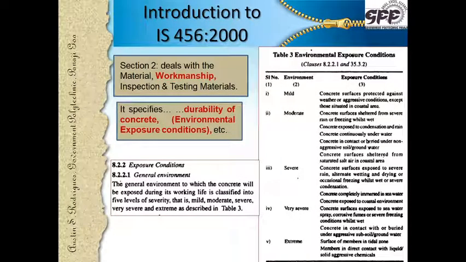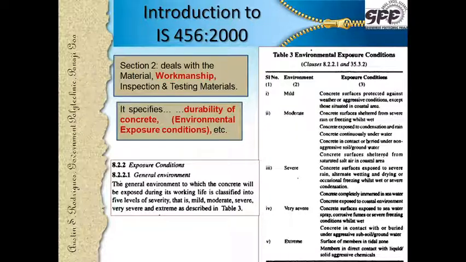Now coming to the environment. In environment, it talks of exposure conditions. Now we will look at the table over here. Now in the table we find that there are 5 conditions, 5 different levels. It starts with mild, goes to moderate, then severe, very severe to extreme. In the mild, concrete surface is protected against weather or aggressive conditions except those situated in coastal area.